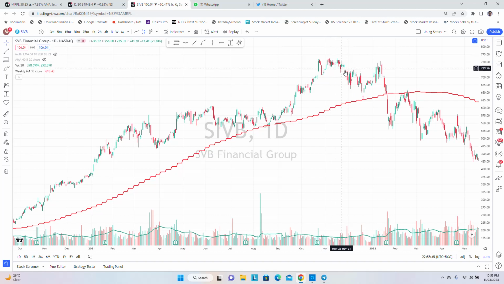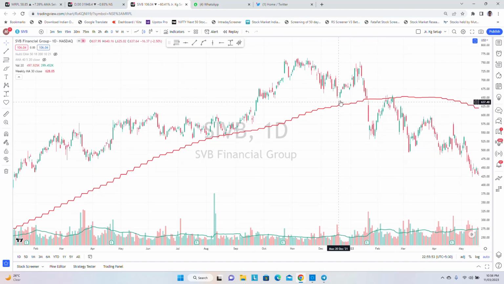And then the stock went down again, took exactly the support of the 30 moving average, made a pin bar candle, and then went up. So when you are analyzing your stock, this is one of the signs. See, every time the stock came, took a support, and then it went high.